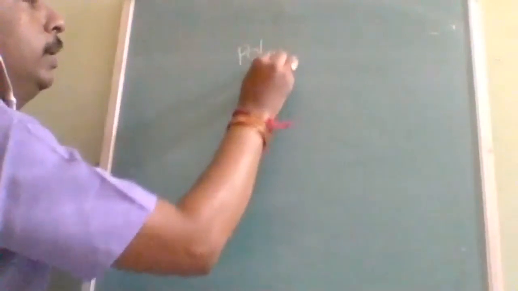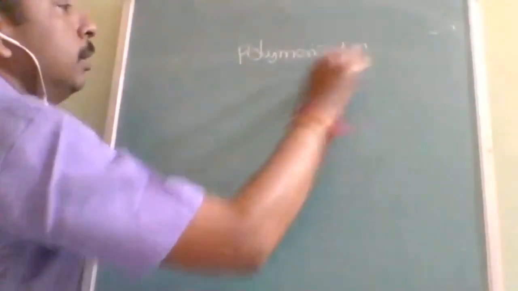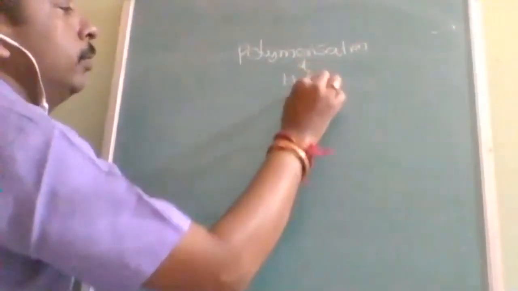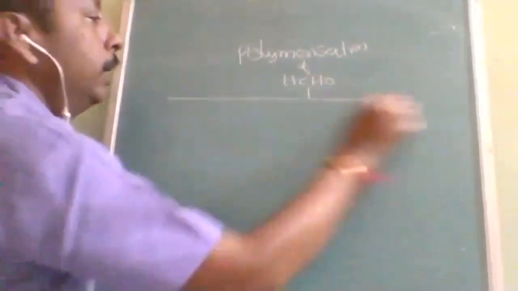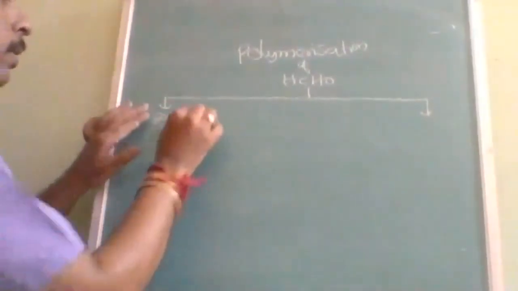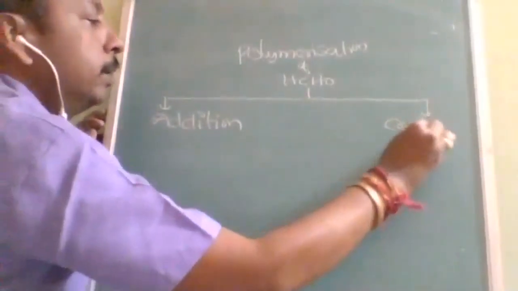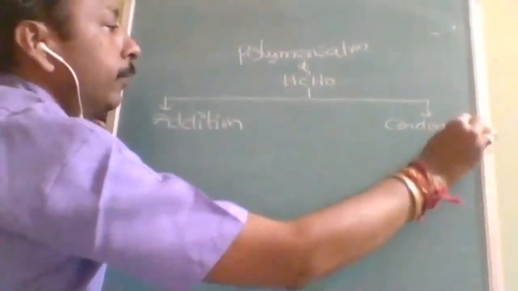Any doubt about this? Again, I will write it in short form. In short, polymerization of HCHO is basically of two types. First is addition polymerization, second is condensation polymerization.